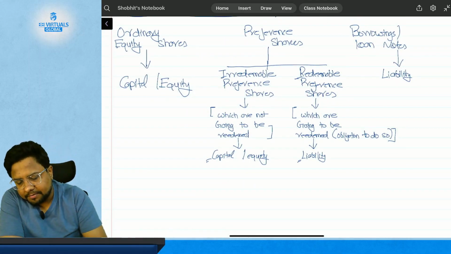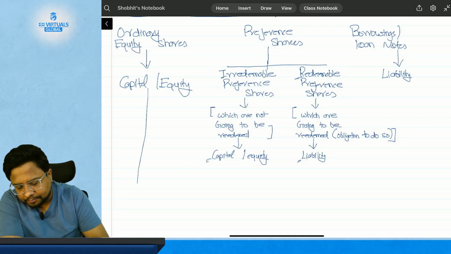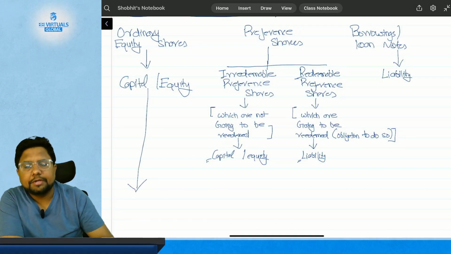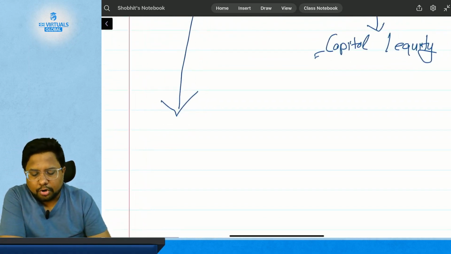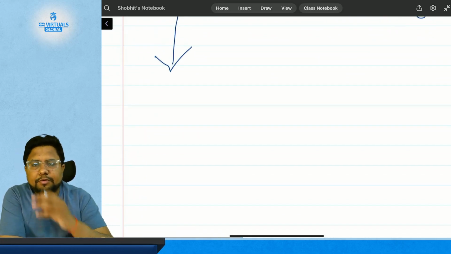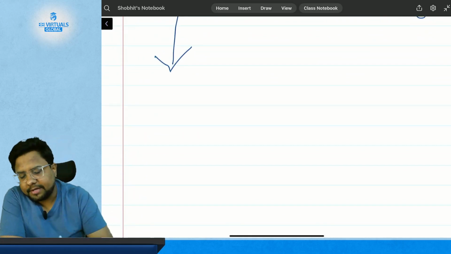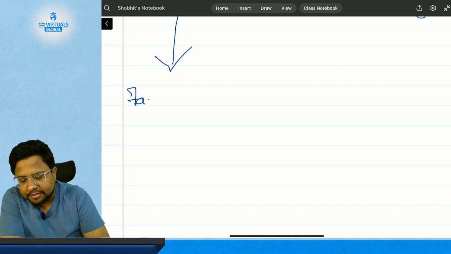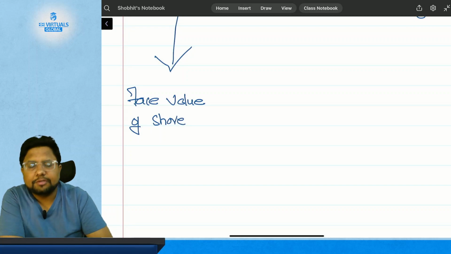Let's start with the ordinary equity shares. For ordinary equity shares, there are some things we need to understand. There is something known as the face value of a share. What is this face value?